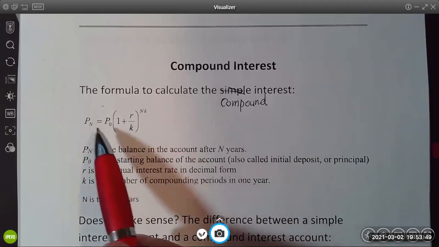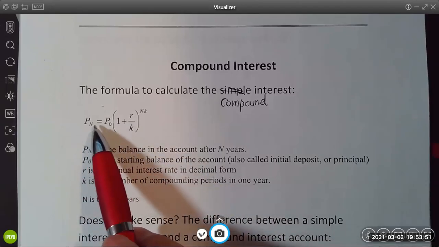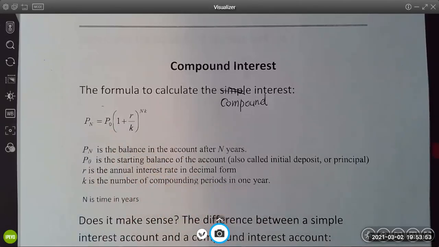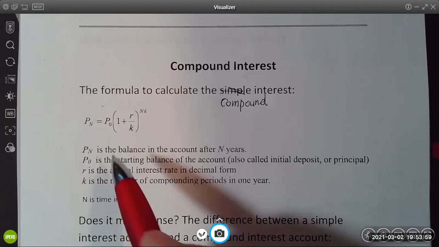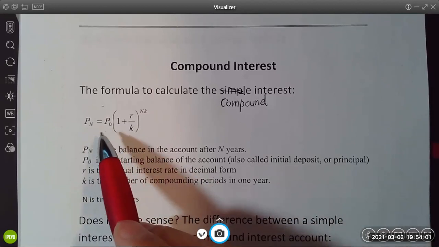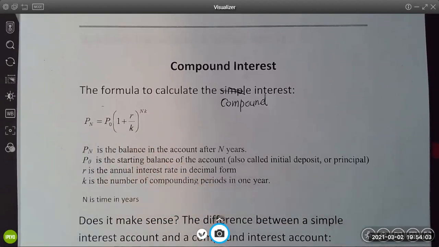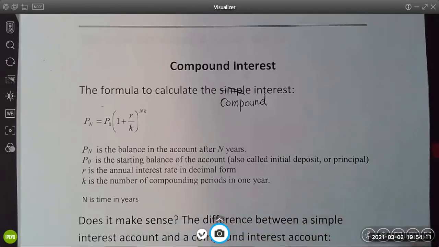First, Pn is the output of the formula, which represents the total balance after n years. So that's the output. And P0 is the initial deposit. If you deposit money, it could be the initial amount of your loan, your debt. Either way, it's called the principal.